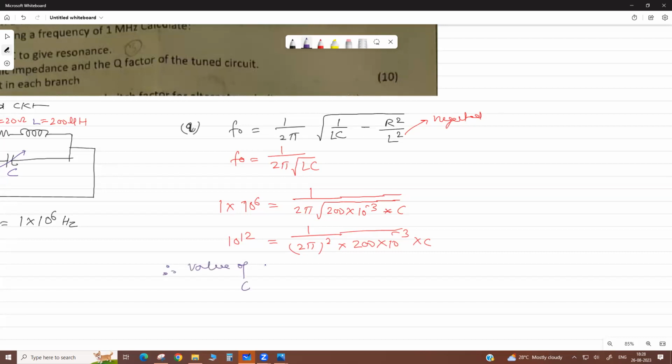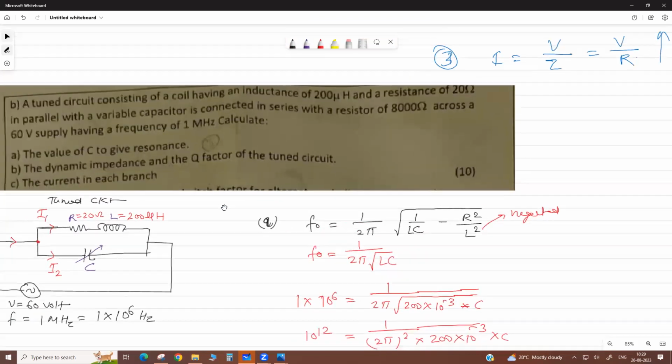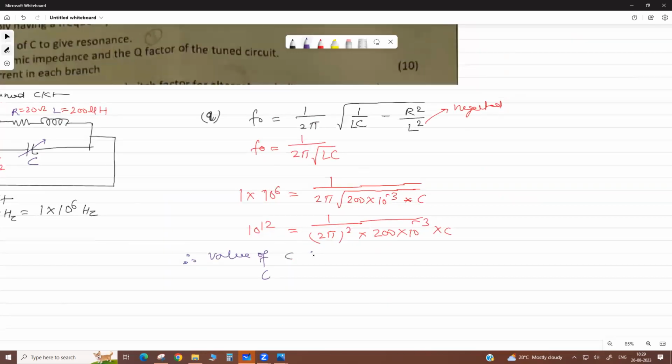So the value of capacitor C, the value of C for which your circuit is resonant, the value of C that gives resonance.